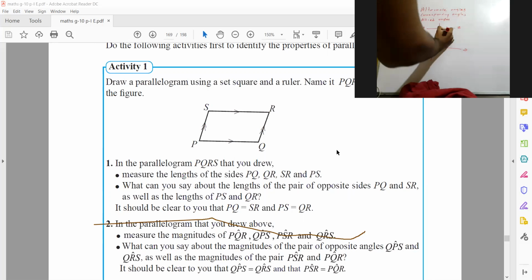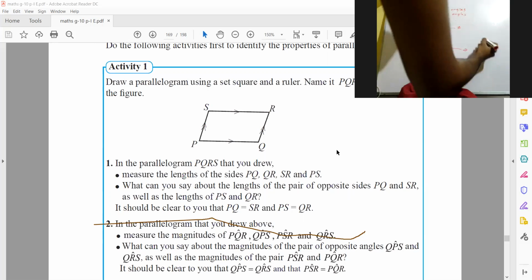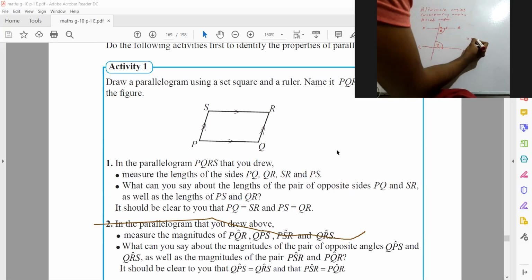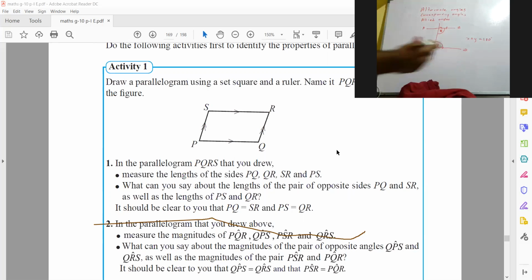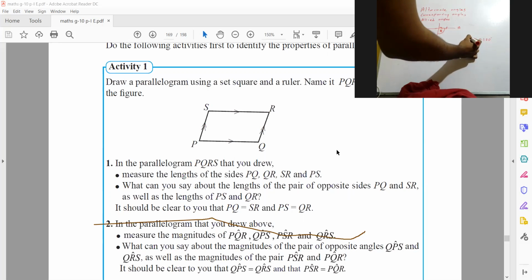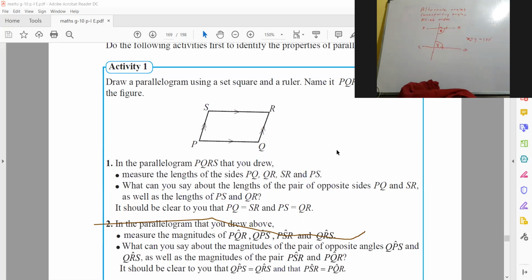The special thing about allied angles is that the sum of these two angles is equal to 180 degrees, right? That is the special property of allied angles. These three angles are not in your textbook, but they are necessary when solving problems.